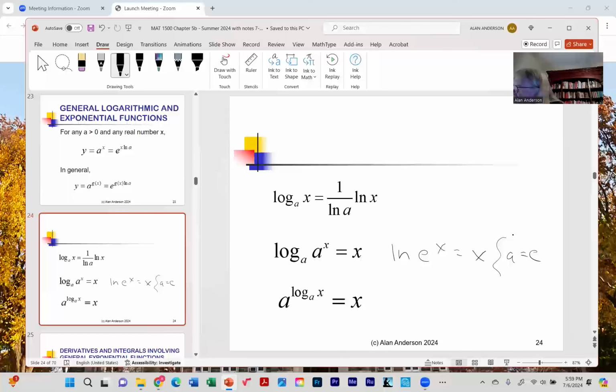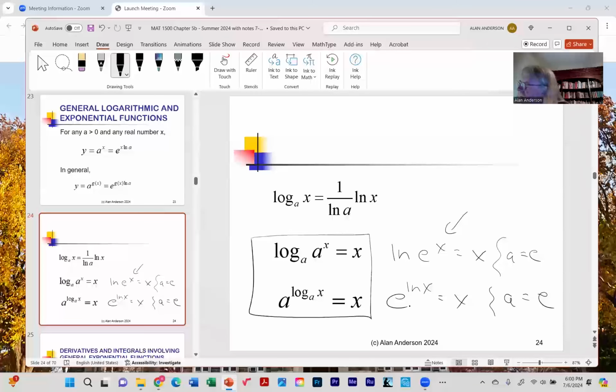And the same thing down here, this is the same thing as saying, if you replace a with e, e to the log x equals x. So think of this as a more general version of these two rules that we saw earlier. These apply for any a, including e itself. And the same thing could be said for this one.